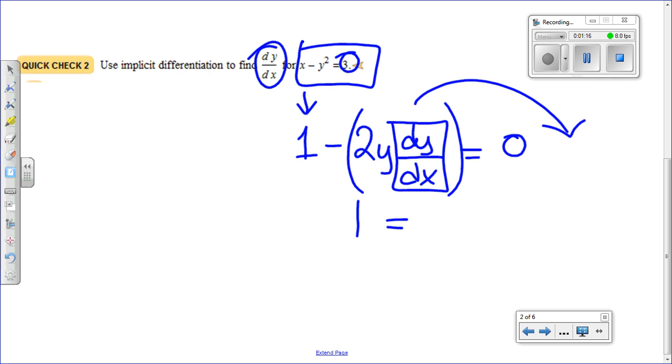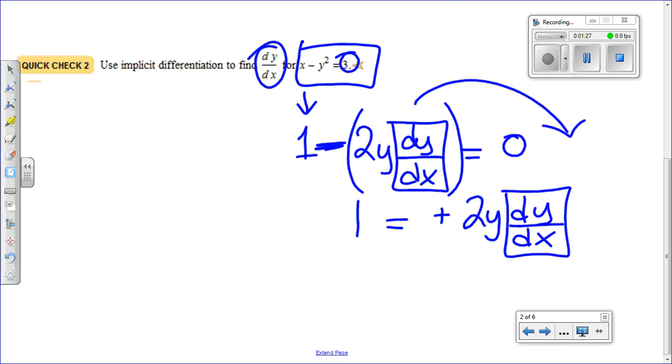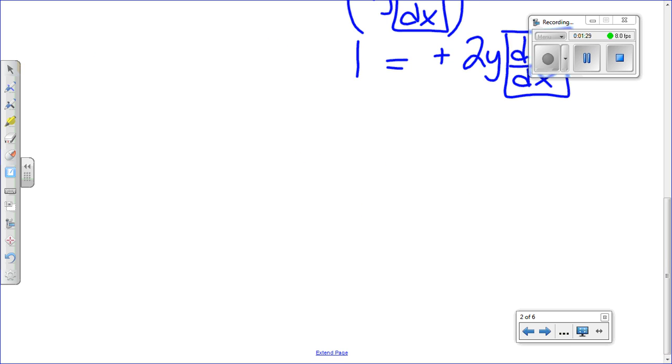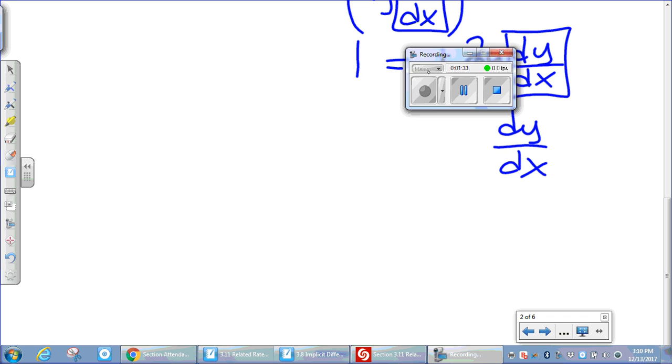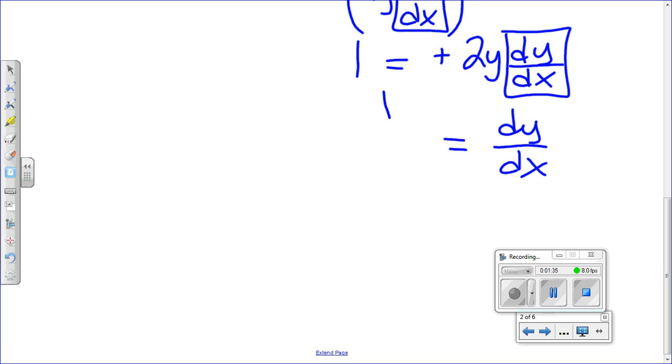And so instead of subtracting, it will be adding, or just positive with that invisible positive sign in front of it. And then we divide by 2y. Now the 2y is multiplying the dy dx, and so to solve for dy dx, we'll have 1 over 2y, and that's it. That will be the answer.